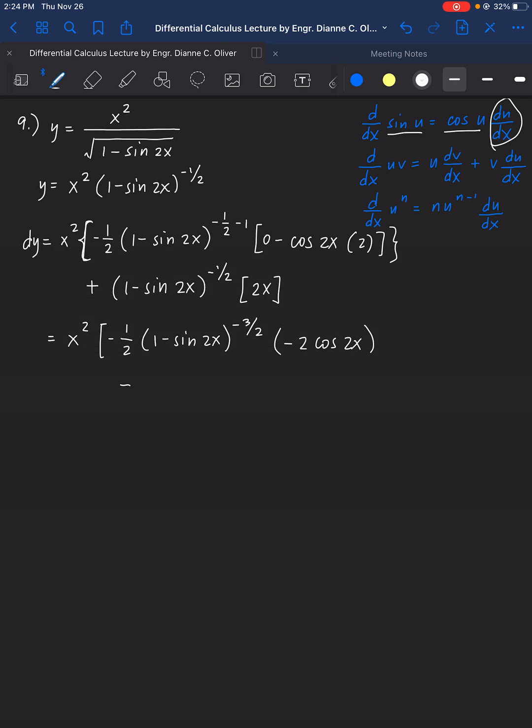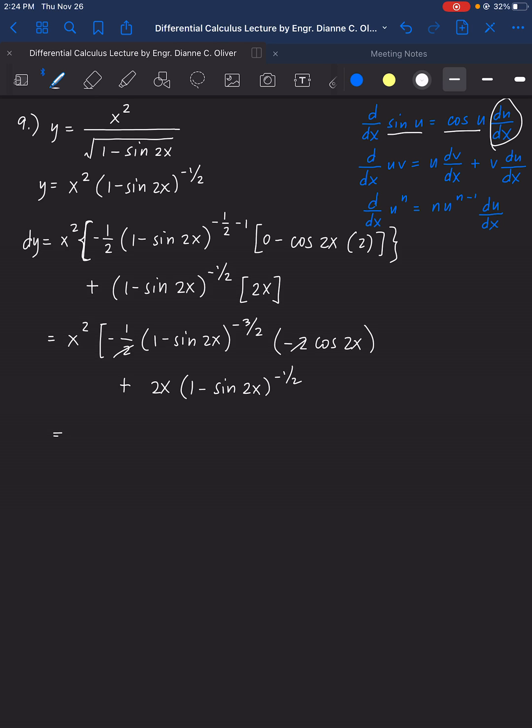Then plus 2x 1 minus sine 2x raised to negative 1/2. And then we can now cancel out this 2 here, negative 2, so it will become positive.